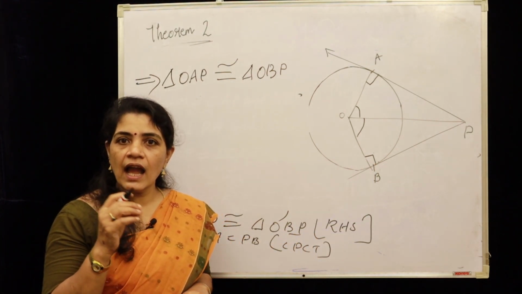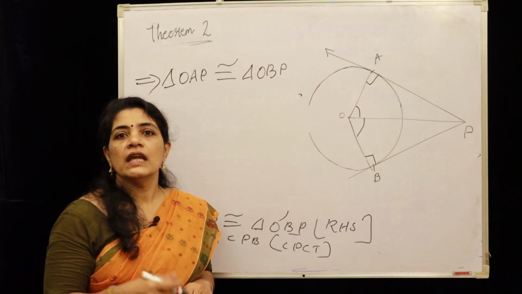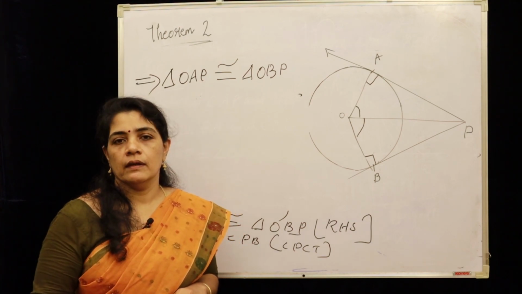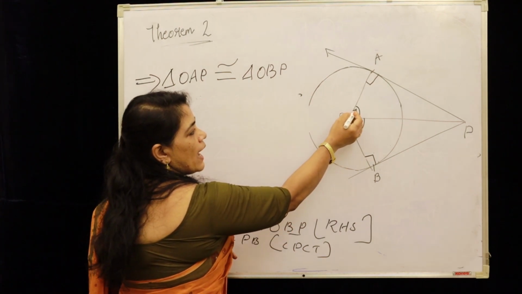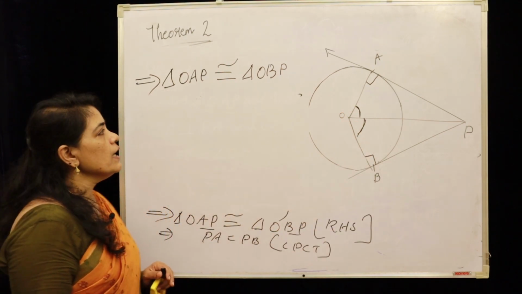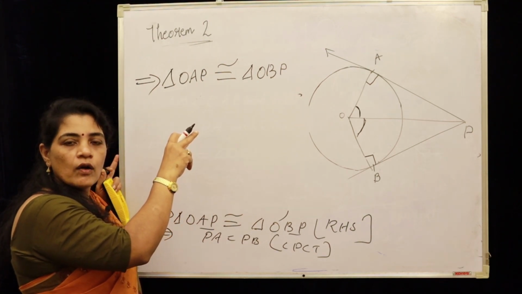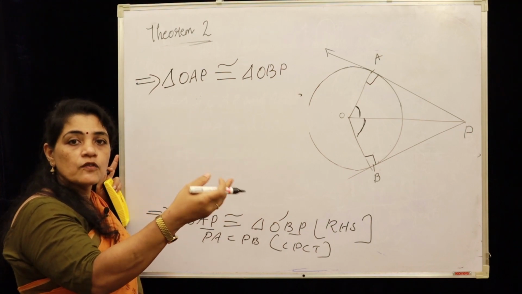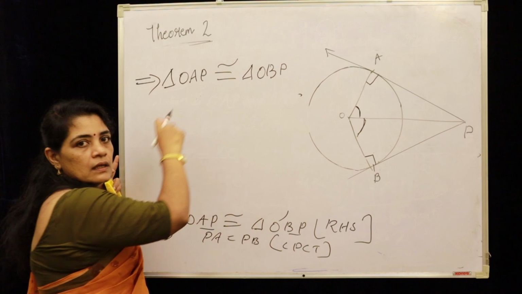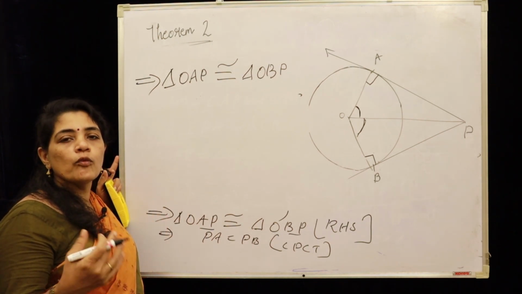Understood? That means in triangle OAP, angle O equals angle O of triangle OBP. So this is the angle at the center. Very easily you can show that. First of all, you prove this one: if that result is asked in terms of a theorem, you prove that triangle OAP is congruent to triangle OBP.